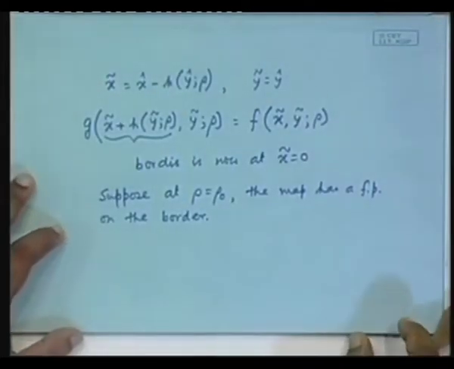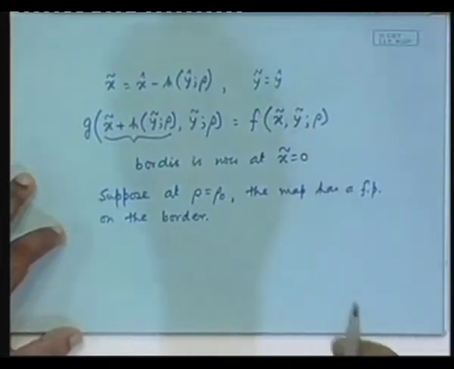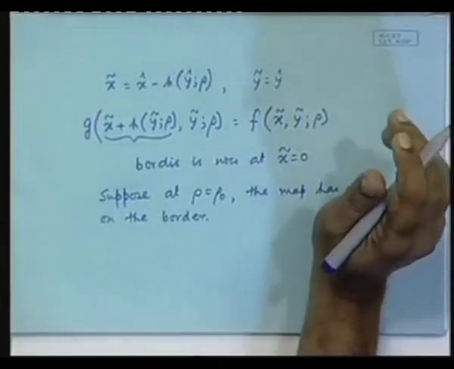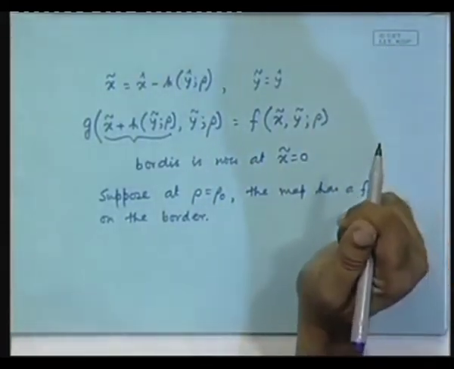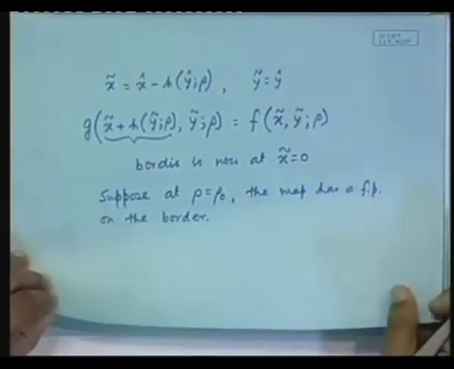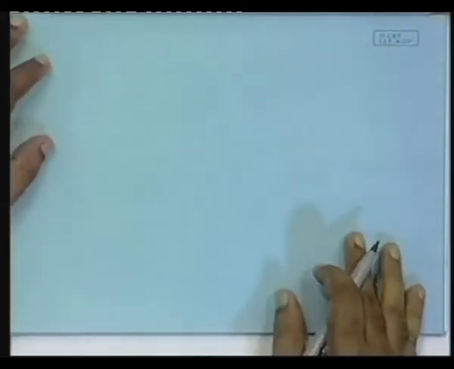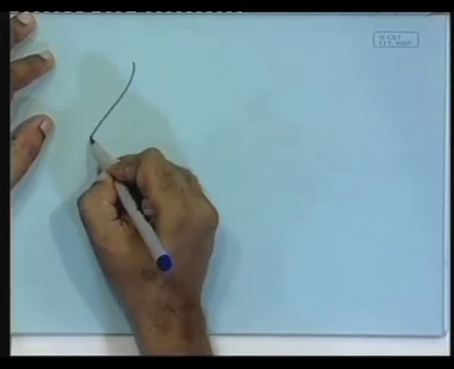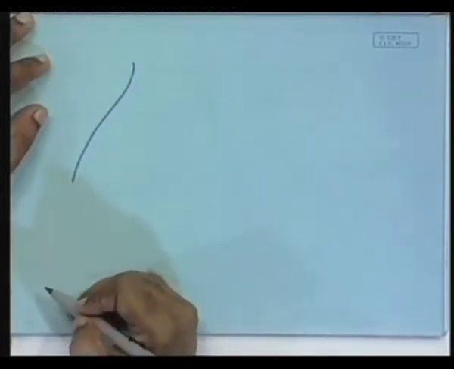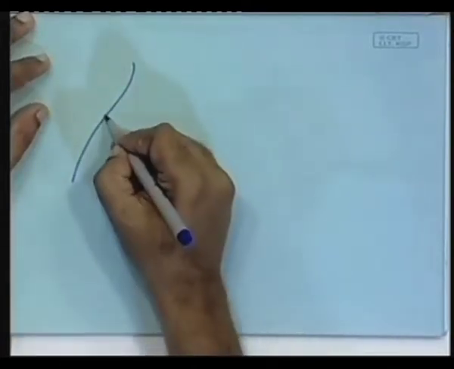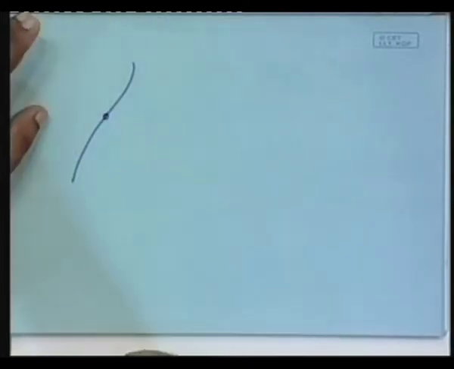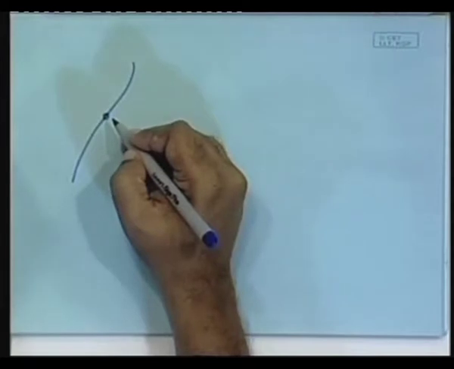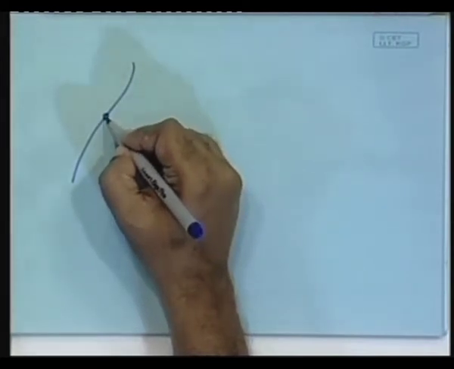So now we need to do that coordinate transformation, but how the coordinate transformation is done, let me illustrate that with the next figure. So where did we start? We started with a border something like this, and at this point it was here at rho is equal to rho naught, and the position was like this.